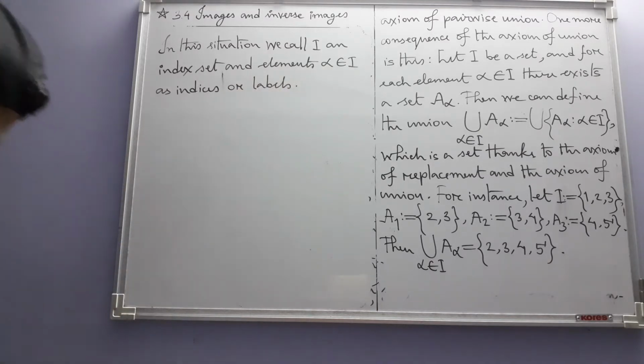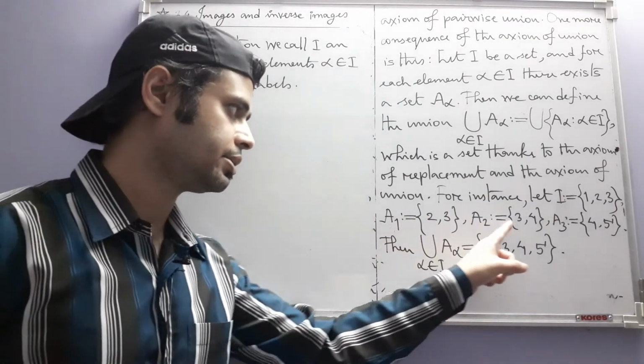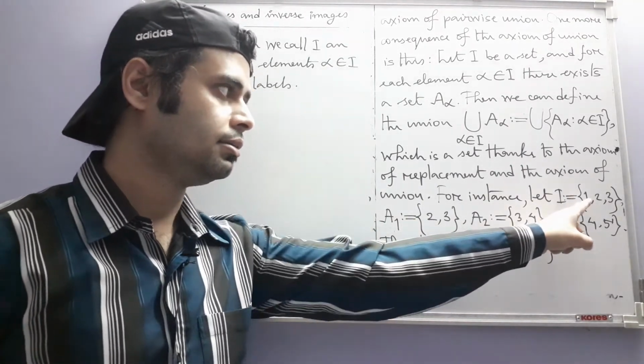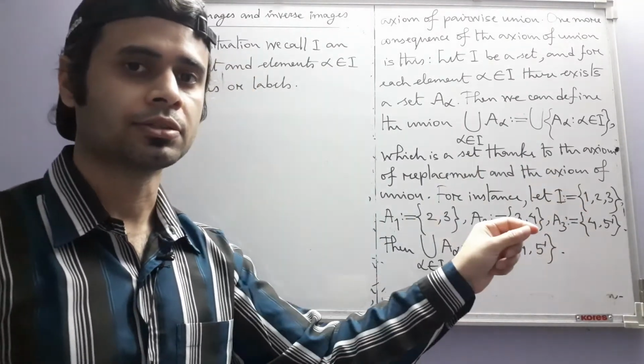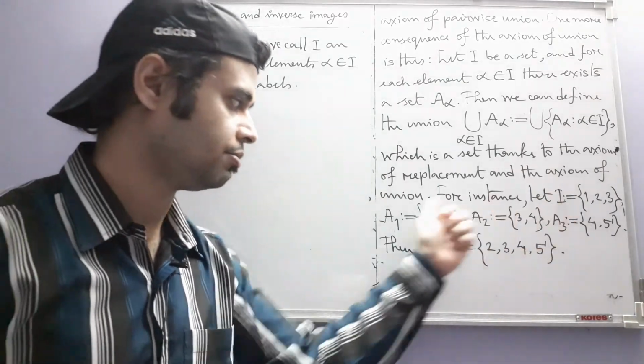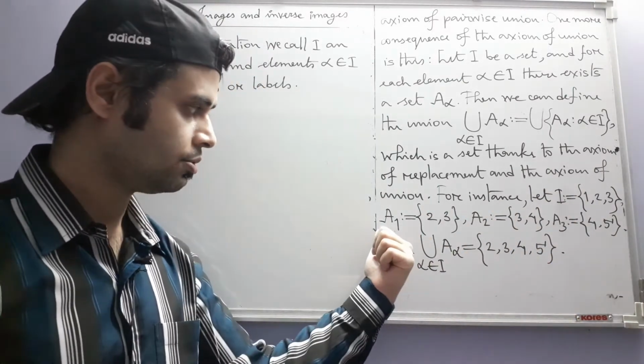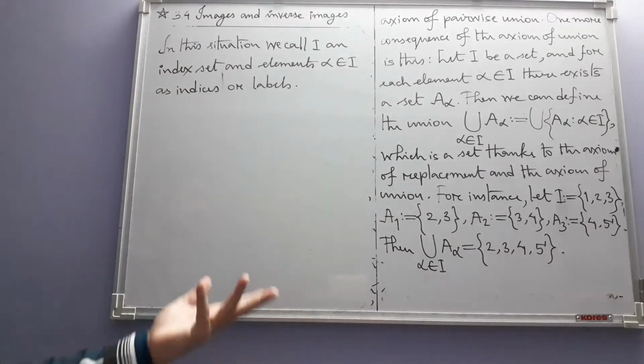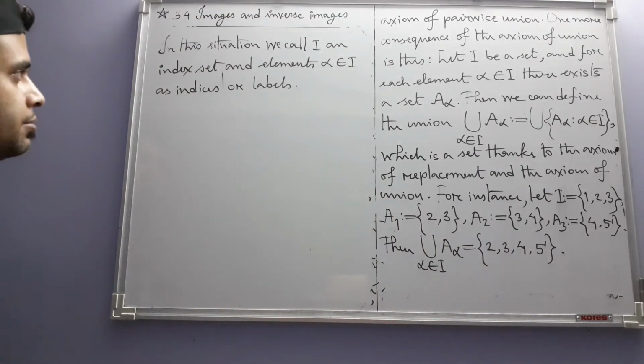It's like we have the sets here and I is a set of labels or tags or names that we are giving to these sets to distinguish them. That's how we should perceive it.